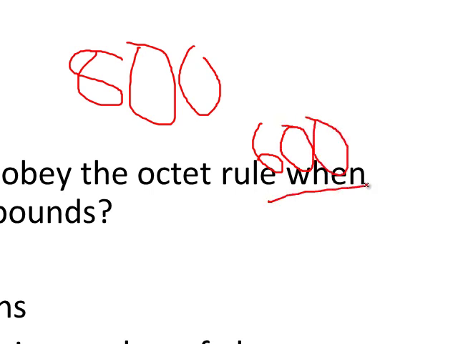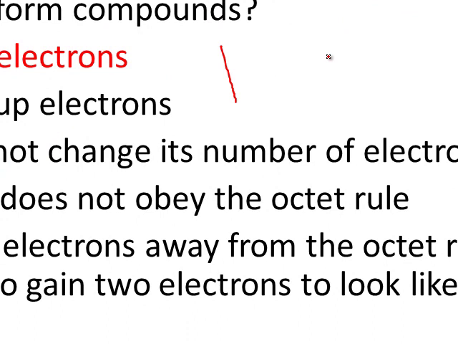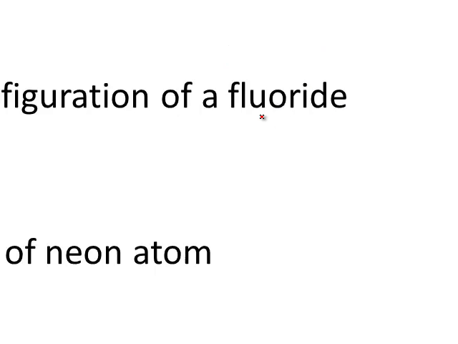Would you complain and follow up, making sure you get paid that extra $200? Of course you would. So that's what oxygen's doing. It was so close to having a complete octet that it wants to gain what it was missing, those 2 electrons. Oxygen is 2 electrons from the octet rule, and it really wants to be complete.